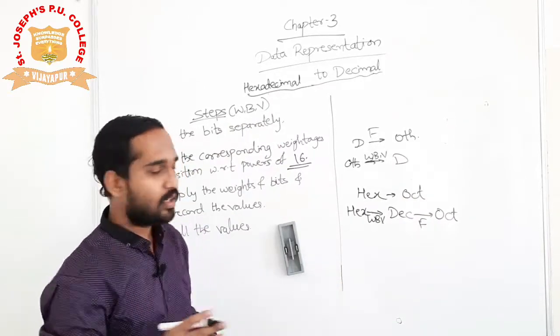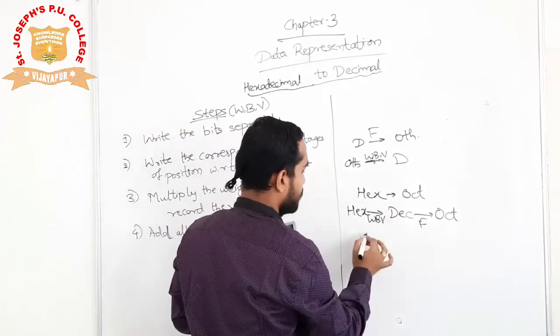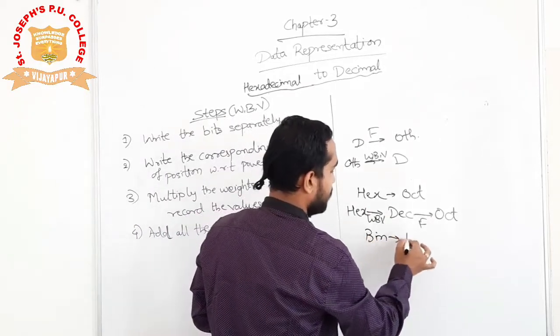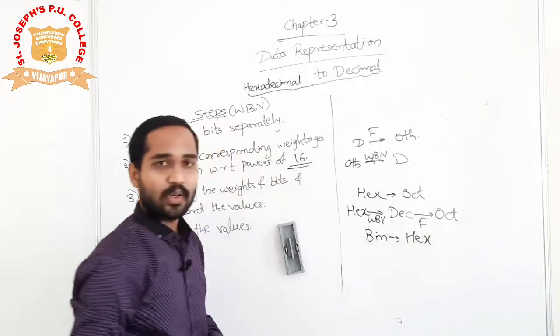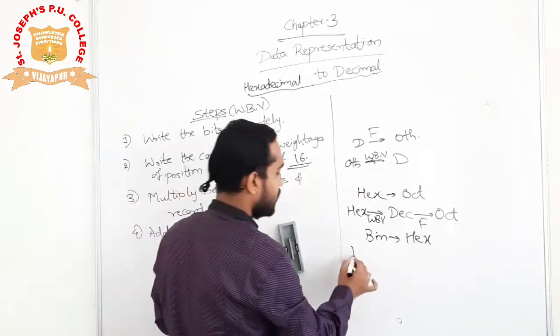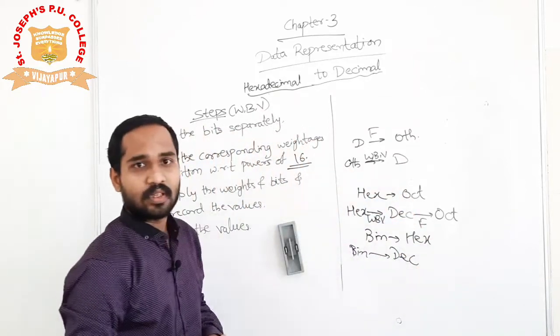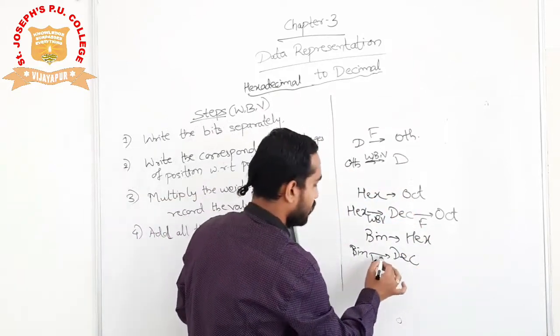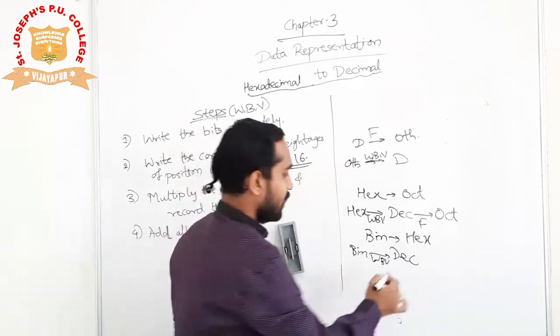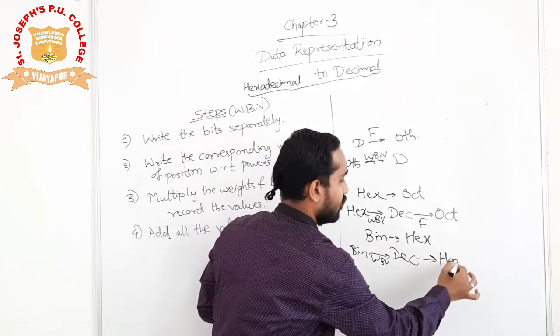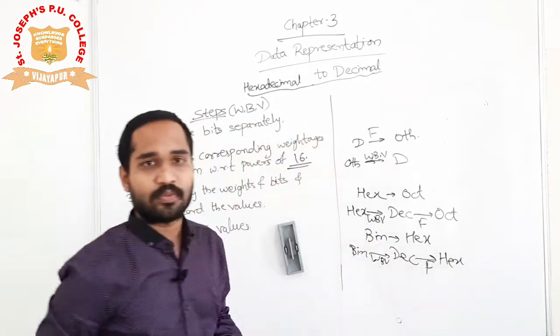Did you all understand that? If binary to hexadecimal is asked, how to do this? First take the binary number and convert it into decimal, binary to decimal using WBV, correct? Now when you get the decimal, convert it into hexadecimal using factorization.